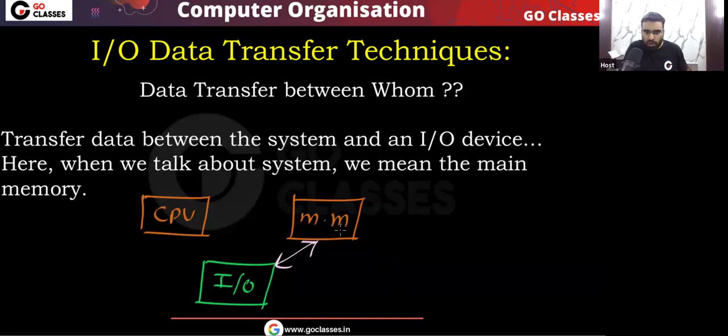Similarly, if you want to do data transfer from main memory to IO, first the data will be loaded in CPU register, then it will go to the IO.